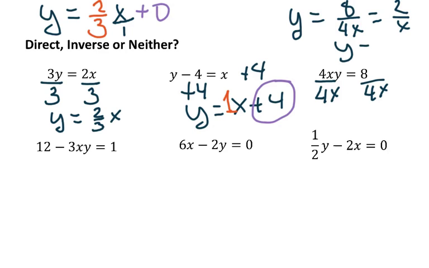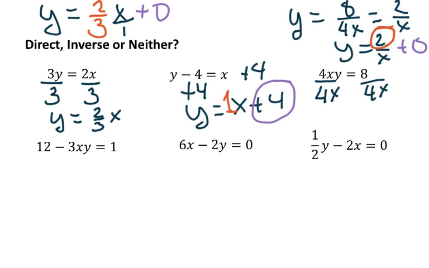So y is equal to 2 over x plus 0. Remember, we have an intercept out there. That's our y-intercept. This is an inverse variation, and the constant of variation in this case is 2.